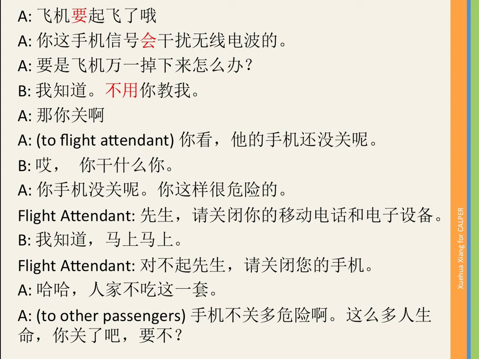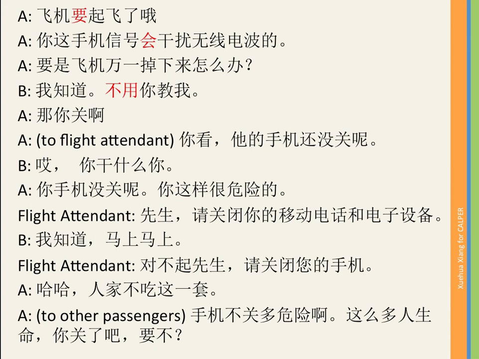And then the pancake maker says, 人家 is an expression we use to refer to a third party when you don't want to be specific. So 人家, they 不吃这一套, they don't eat your style. This is also very colloquial. 不吃这一套 means they don't buy it. They don't do as you wish.